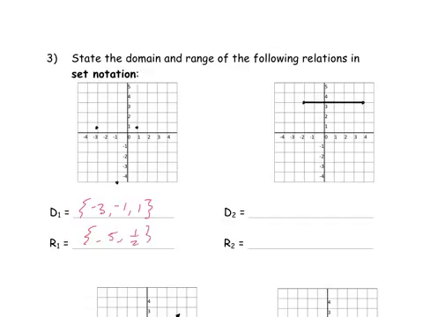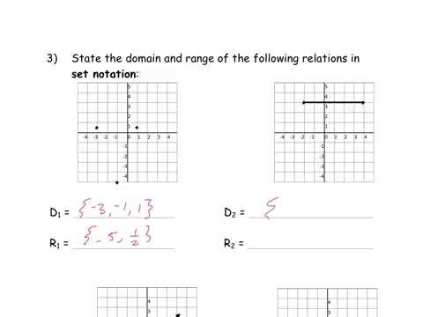Okay? So in this one, we have points from -2 to 4, and there's a straight line, so all the points between -2 and 4 are included, and we stop at 4. So the domain simply is all the values between -2 and 4, because for all of those, there is an x value.